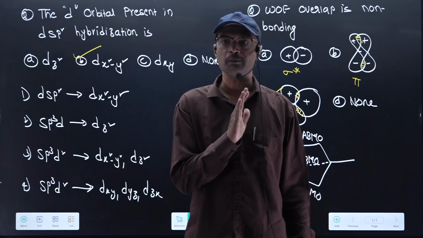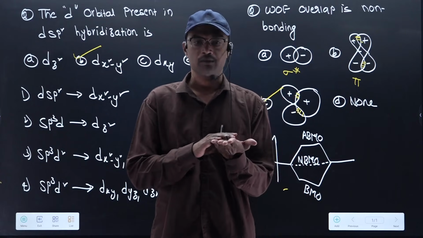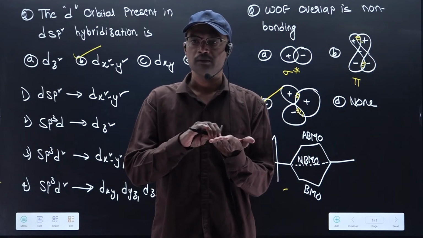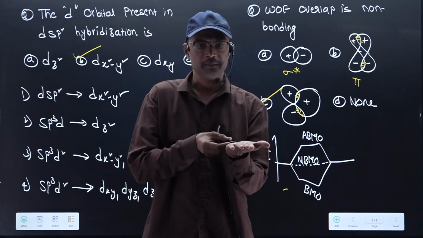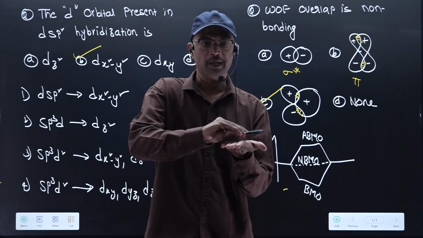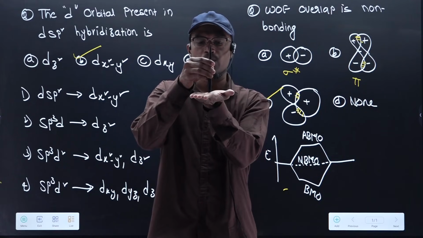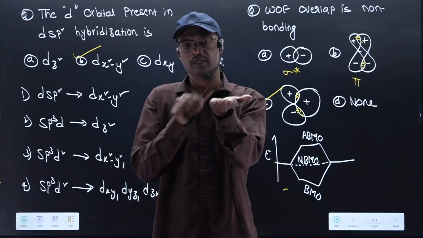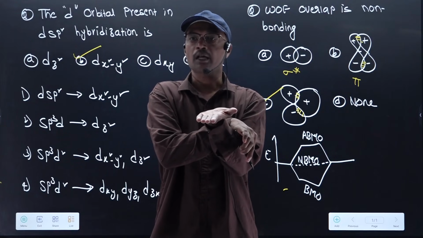No, I am not using planar. Suppose I take trigonal planar, what is the meaning of trigonal planar? Three hybrid orbitals are present, they are lying on a plane. This is called trigonal planar. Suppose it is tetrahedral, this is tetrahedral, above, this side and this side. There is no planarity in tetrahedral.